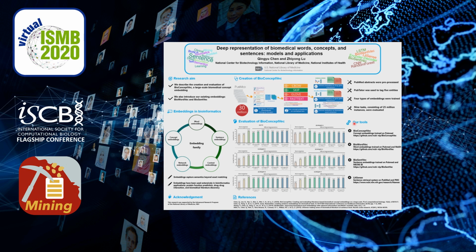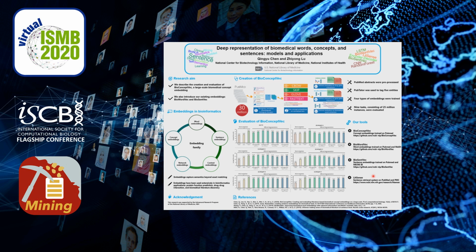Second, let me quickly introduce our publicly available tools. BioConceptVec, as I mentioned, is a concept embedding for 5 types of entities mentioned in the biomedical literature, trained on PubMed. It's publicly available. BioWordVec is word embeddings; we used fastText trained on PubMed and MeSH. BioSentVec is sentence embeddings we trained on PubMed and MIMIC-III.